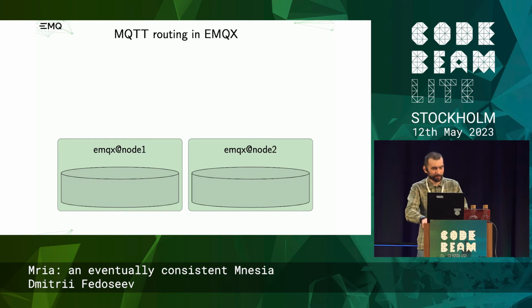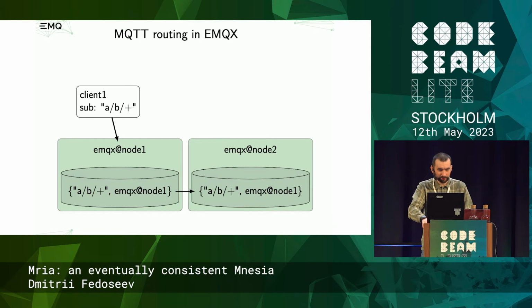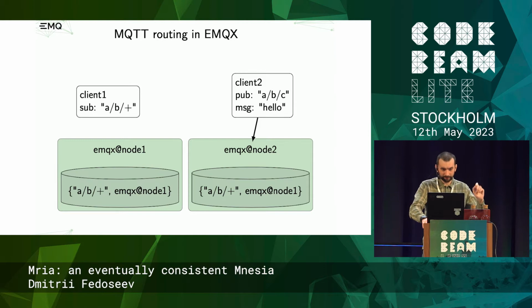Let's briefly go through the algorithm that we use for message routing. Imagine you have two EMQX nodes. Now suppose we have a client that connects to node 1 and subscribes to a topic. EMQX then inserts a special record into the routing table, and Mnesia replicates it for us. So our nodes know that there are some clients that subscribe to this topic on node 1.